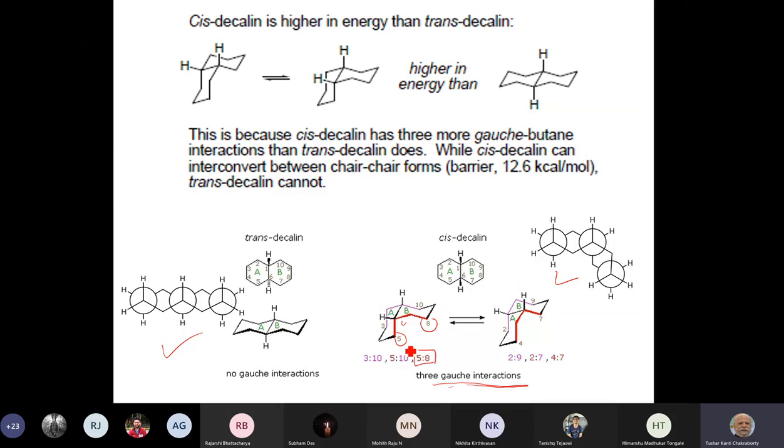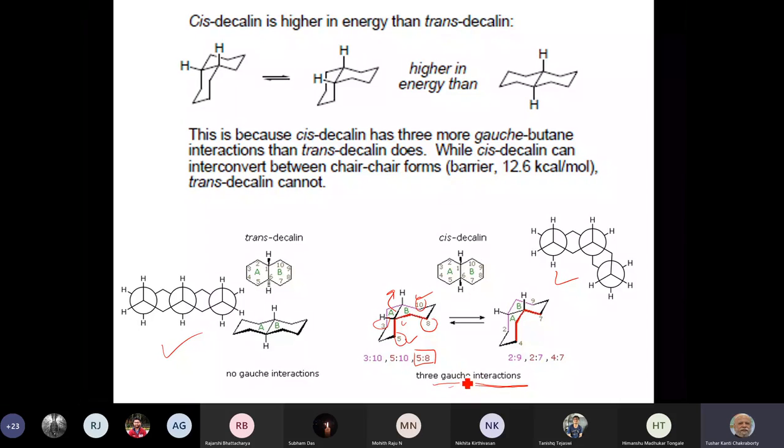And same thing, 5 will have it with a 10 also. So if you are considering this bond here in the middle, then this 5 has Gauche interaction with this 10 carbon. And similarly, 3 can have with a 10. This 3 here can have with a 10. So these are the 3 Gauche interactions, which are not there in case of trans-decalin.